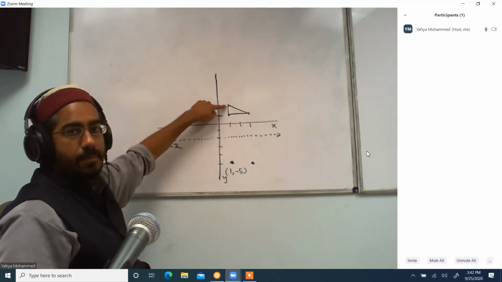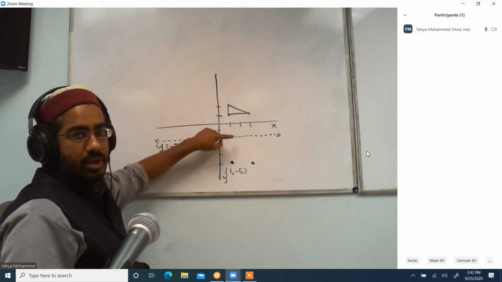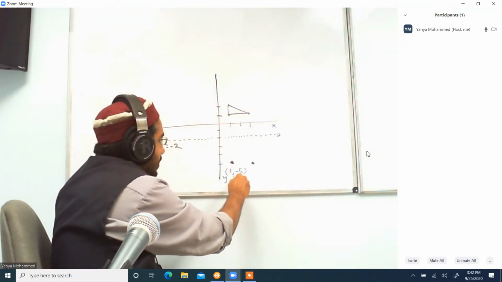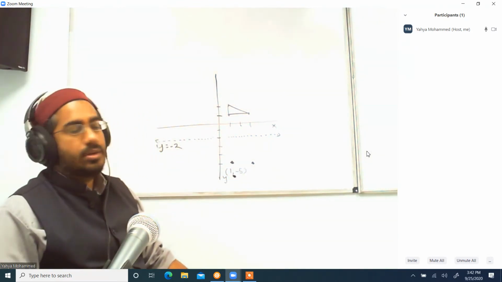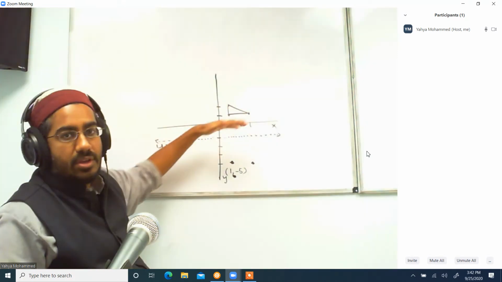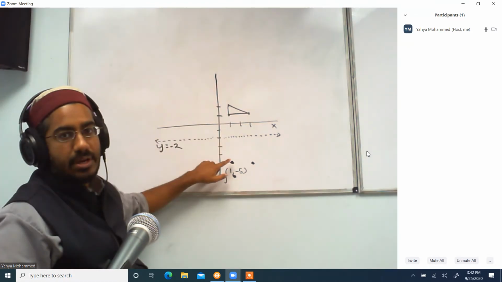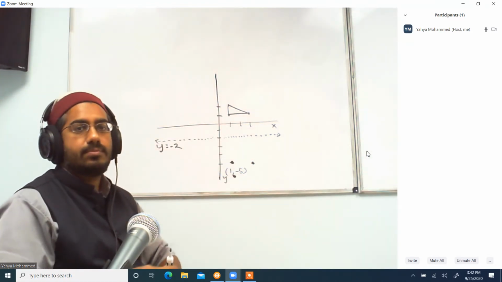This point is 4 units away, so on the other side I'm going to go another 4 units, all the way down here. So these 3 points, reflected over the line y = -2, end up down here.